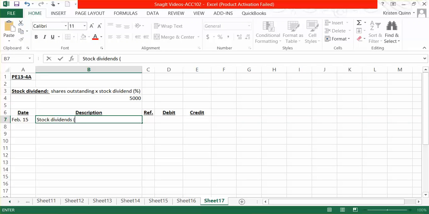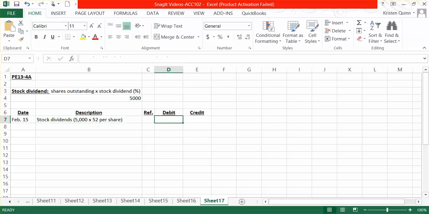And in total, we're going to take away the 5,000 shares and multiply it by how much the shares were selling for on the declaration date. And they told us that it was $52 per share. So again, the 5,000 shares that we're giving as a dividend multiplied by the $52 that each share is selling for at that time.